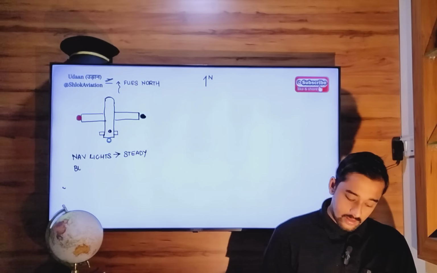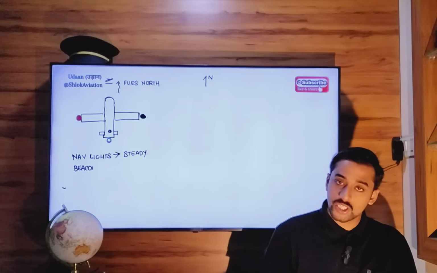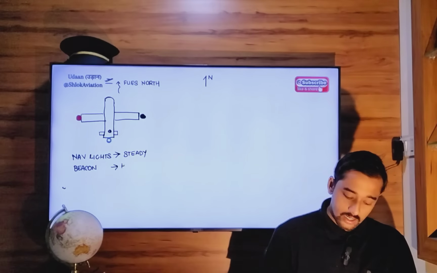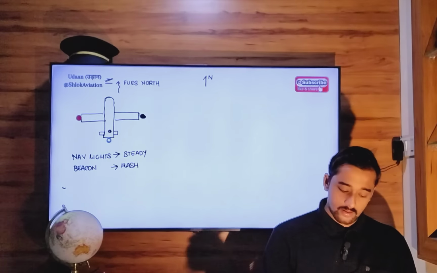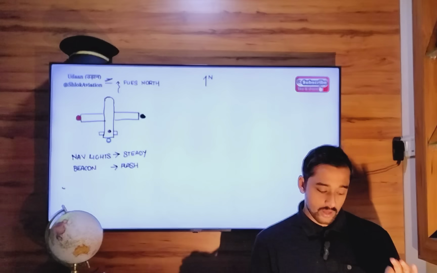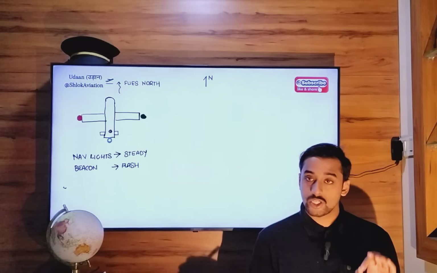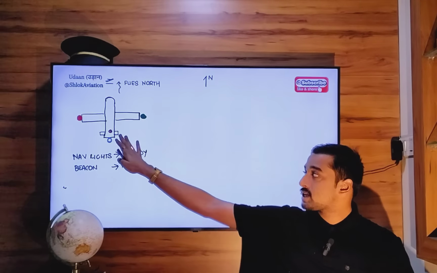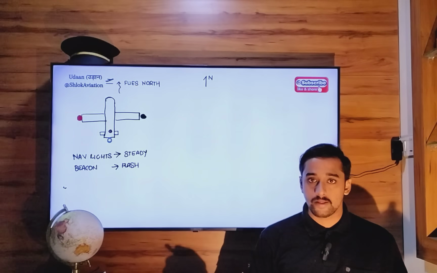This beacon or anti-collision light will be flashing lights. Okay, so these are the positions of navigation lights and anti-collision or beacon.